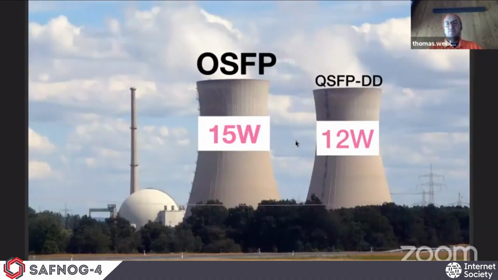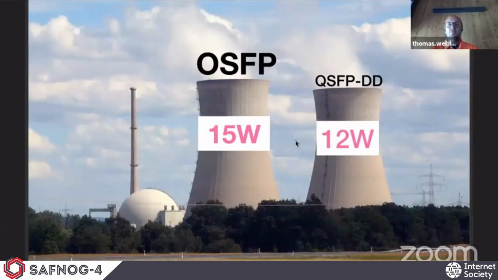These figures are really important to know, because when you imagine you have a 1U switch with 32 ports, 400 gigabit, this will end up just on the optical side with roughly 500 watts just for the transceivers, first of all in power consumption and then of heat dissipation.